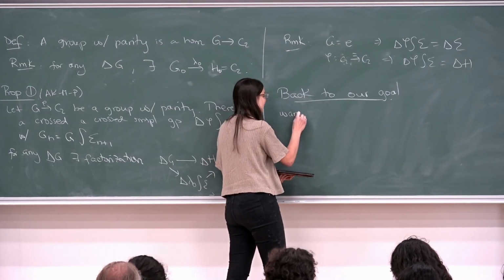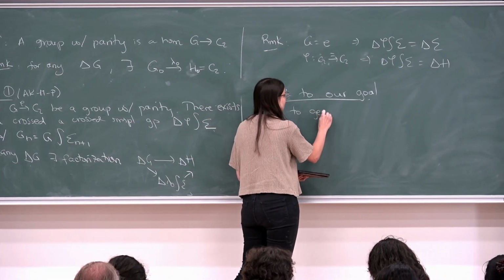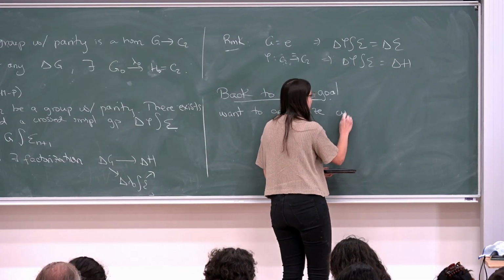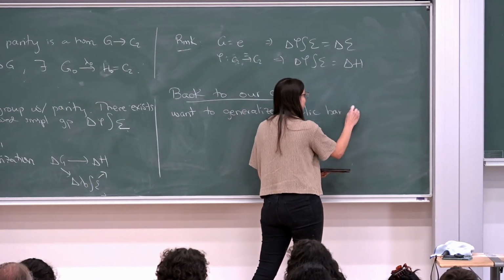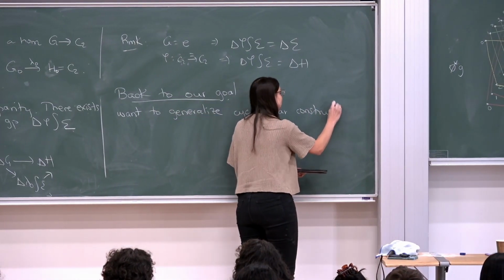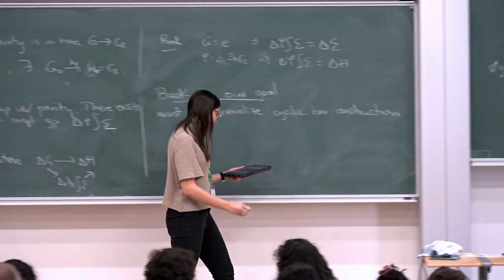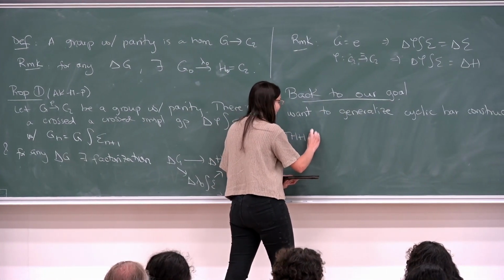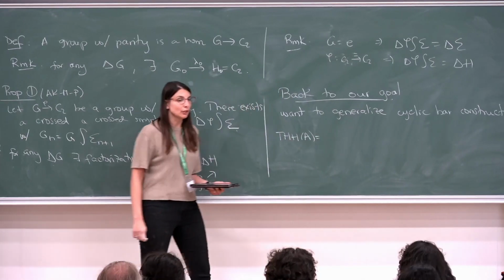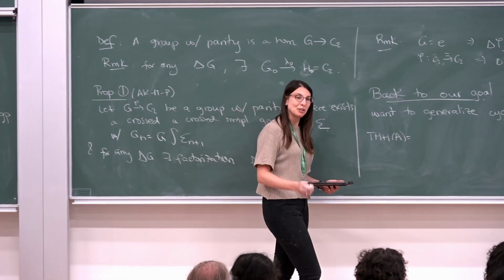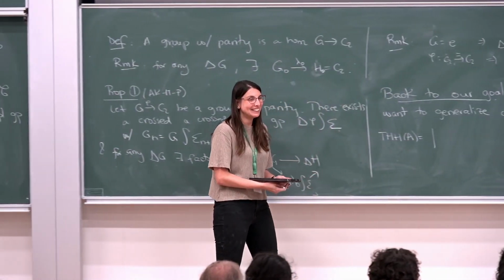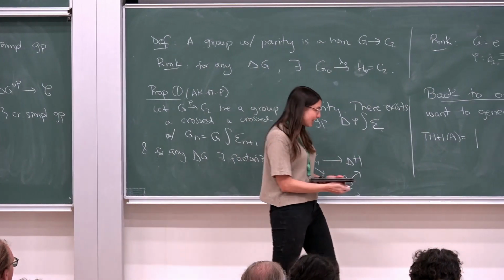Our goal was to generalize the cyclic bar construction. Recall THH of A. We're going to use the Nikolaus-Scholze description. This is what we want to generalize.